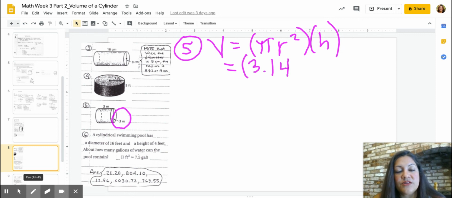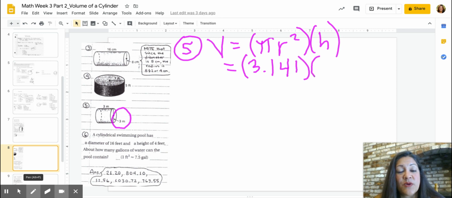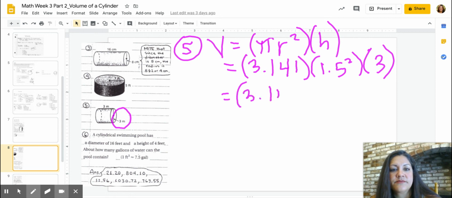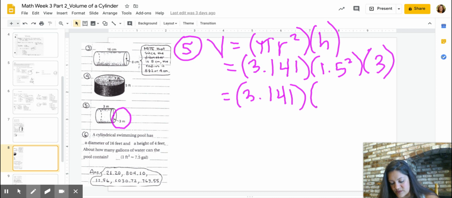For pi, we are using 3.141. A lot of times you'll just see it as 3.14. 1.5 squared and times a height of 3 meters. 1.5 squared is 2.25.